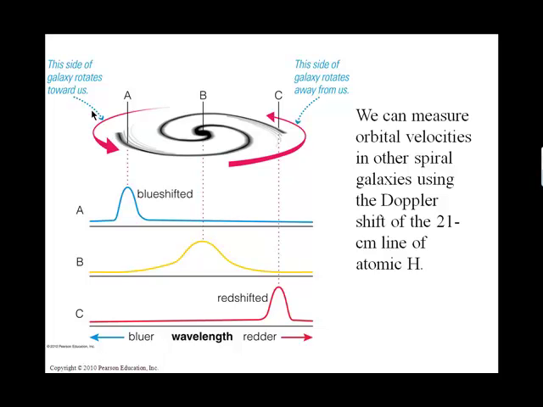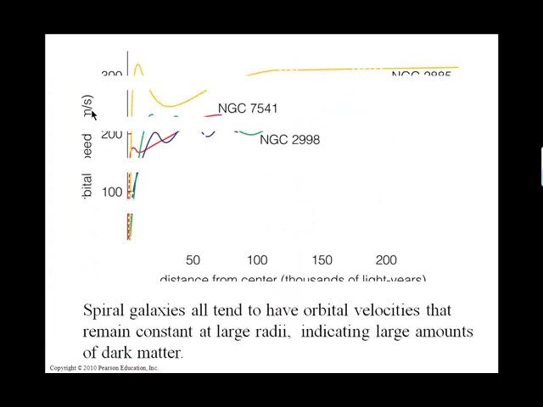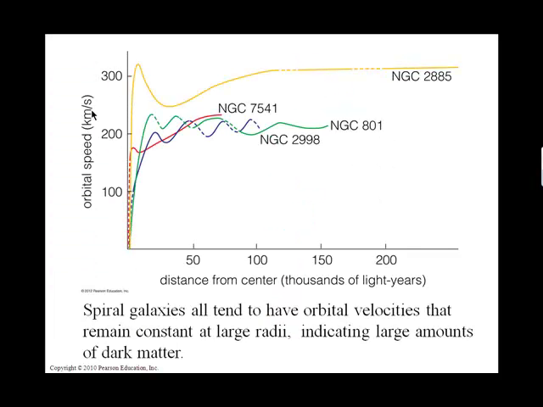And then again, from their velocity, we can deduce the amount of matter contained within. Then we can come up with a rotational curve. So what you're looking at are 4 different galaxies and their rotational curves.